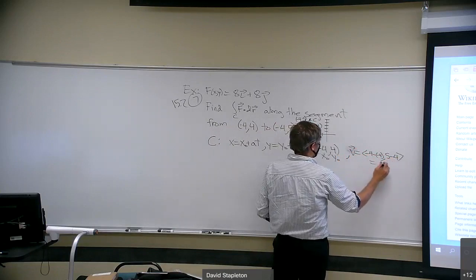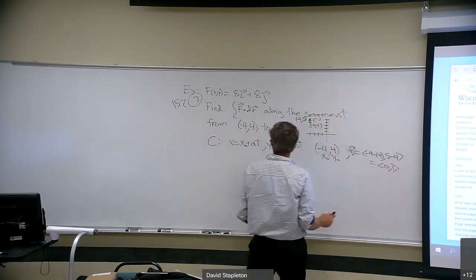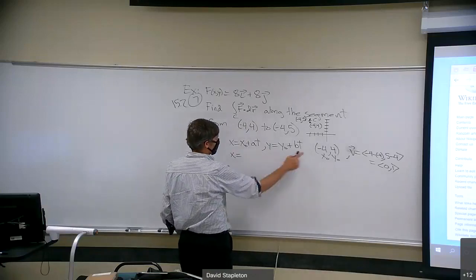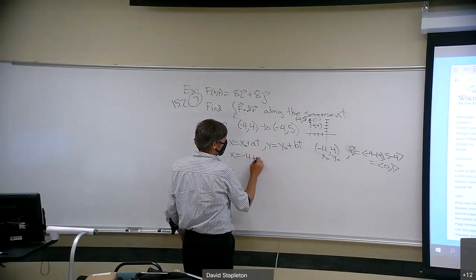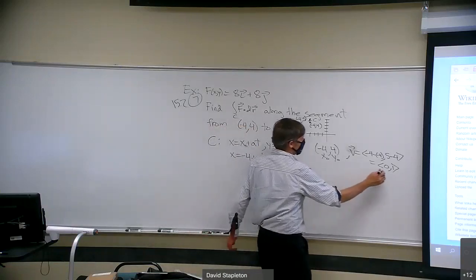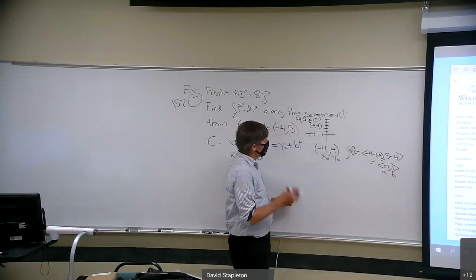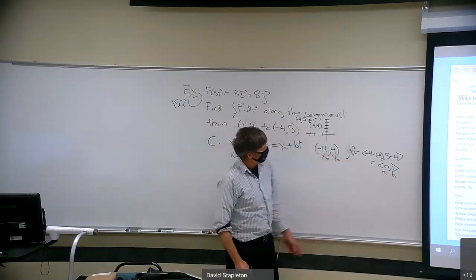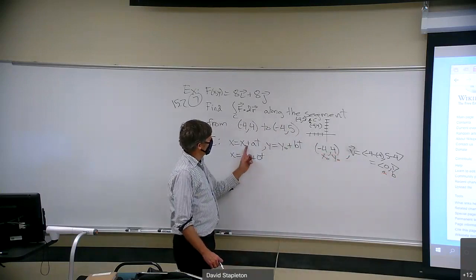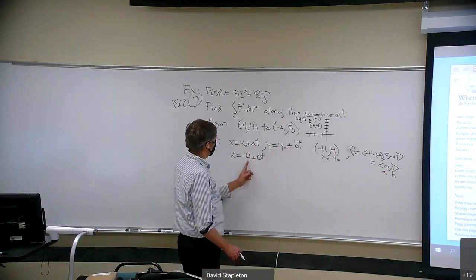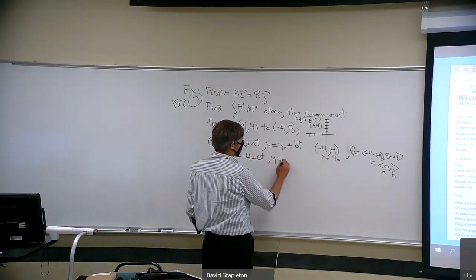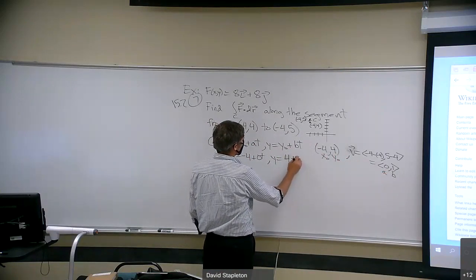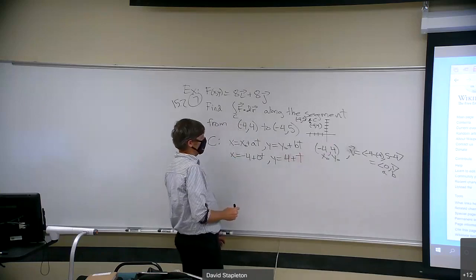So the direction vector is just 0, 1. So we write x equals -4 plus 0t. These are A and B. To write parametric equations for a line, you take a point of the line and a vector parallel to the line, 0, 1 in this case, and you just write x0 plus at, y0 plus bt. So this is -4 plus 0t for x, y equals 4 plus 1t. There's parametric equations for the line.